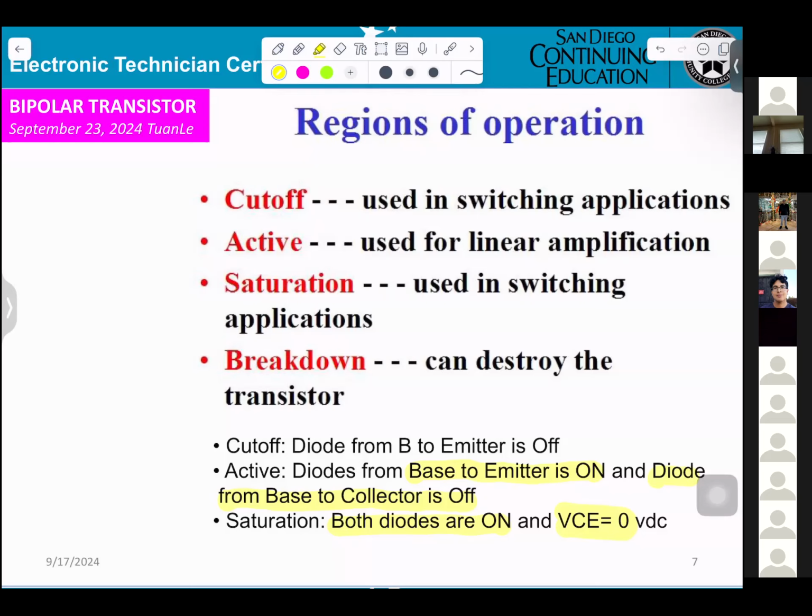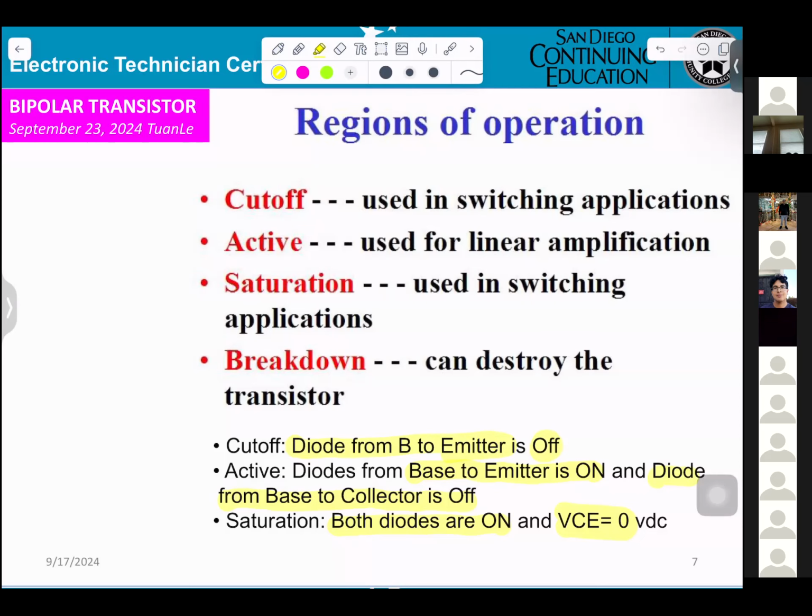When the transistor is cut off, the diode from the base to emitter is off. Then you know the transistor is cut off.